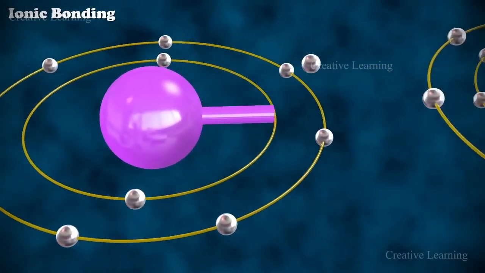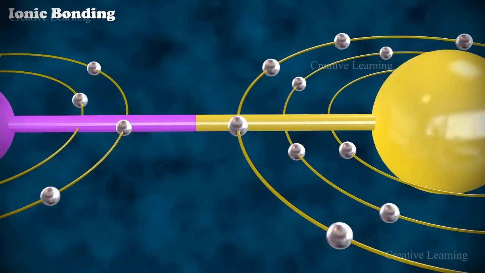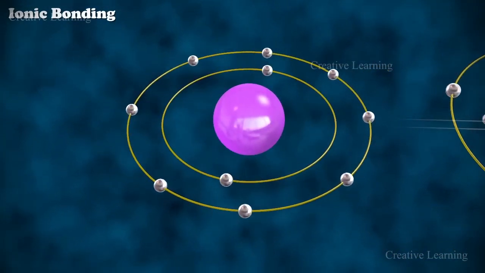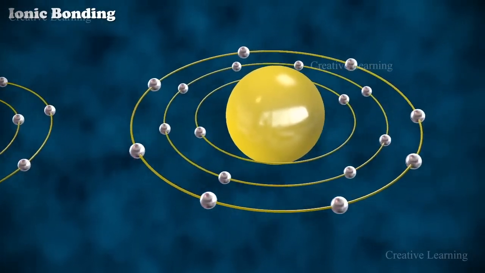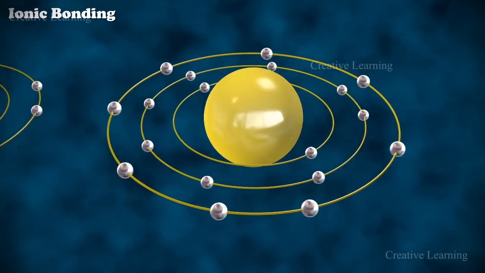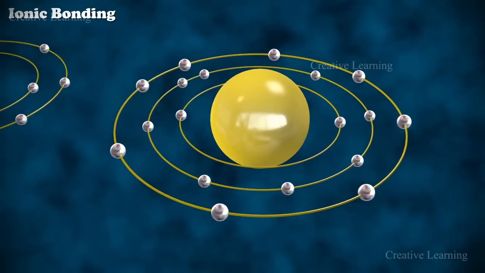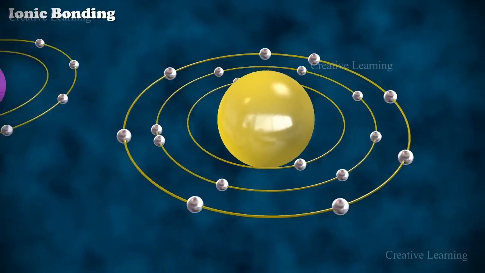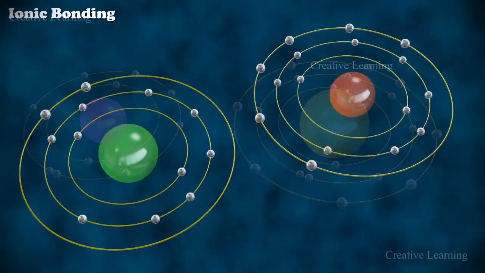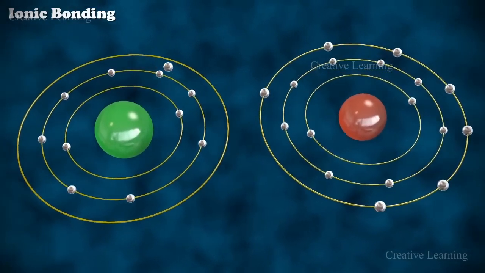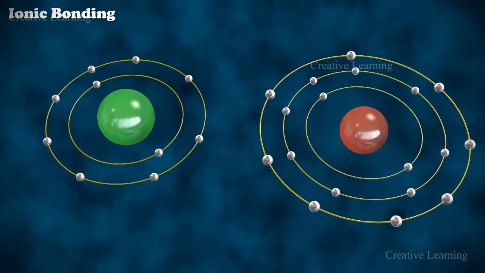By losing those electrons, these metals can achieve noble gas configuration and satisfy the octet rule. Similarly, non-metals that have close to 8 electrons in their valence shell tend to readily accept electrons to achieve their noble gas configuration. In ionic bonding, more than one electron can be donated or received to satisfy the octet rule.